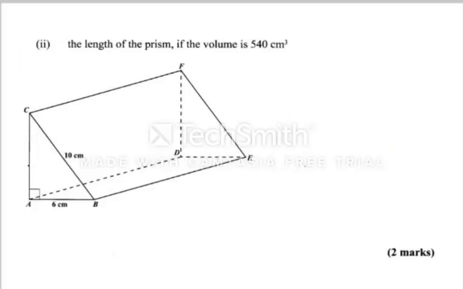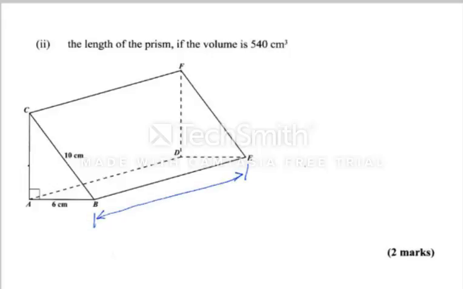All right. Now we're asked to calculate the length of the prism if the volume of the prism is 540 centimeters cubed. The length of the prism that is mentioned in the question is actually this length here.